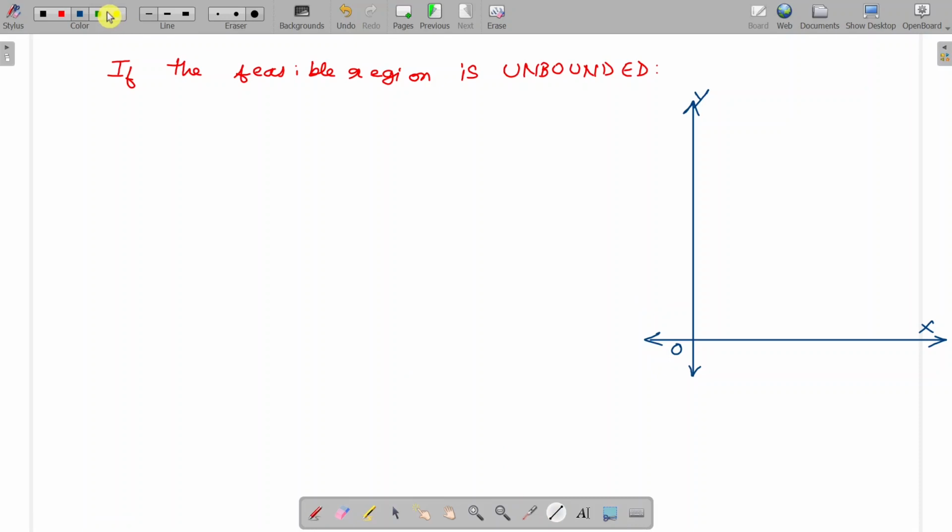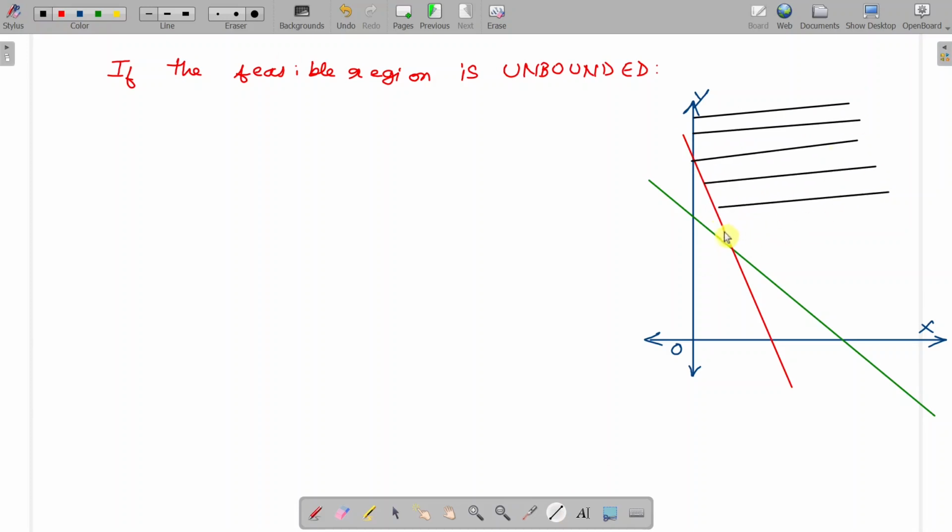So if the lines are in this way here, you can see that the two lines are intersecting, and if the solution region is like this here, the feasible region, I mean, okay, you can see that this region is unbounded.